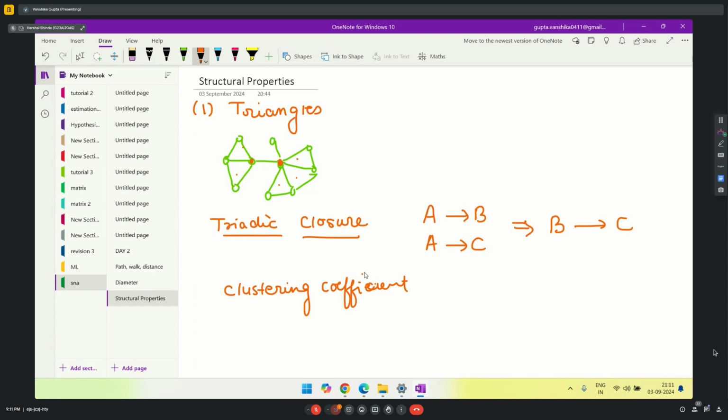Now, what is clustering coefficient? Clustering coefficient can be defined as number of triangles divided by possible triangles involving a particular node.